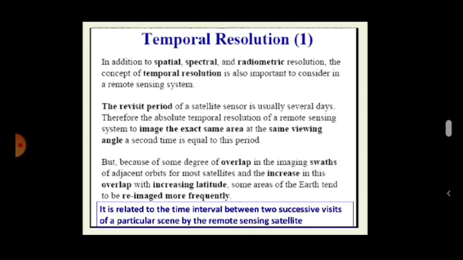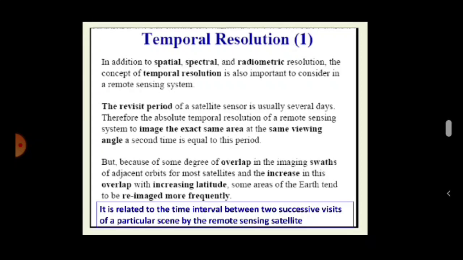The capability of a satellite to image the exact same area is said to be the temporal resolution.